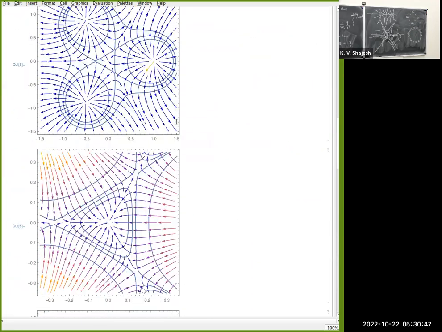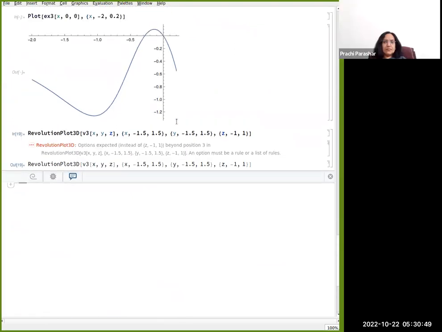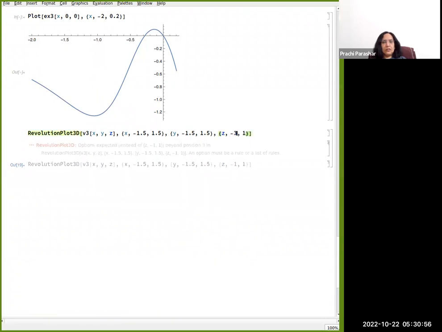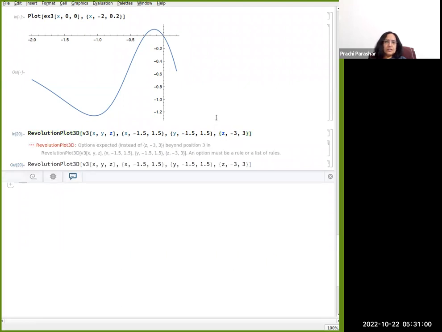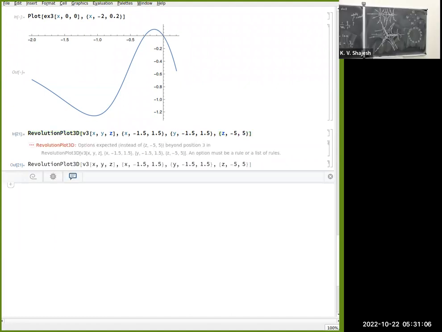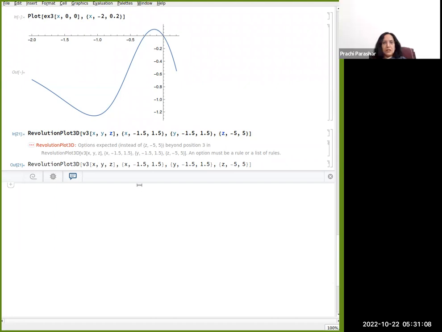I don't remember the commands for revolution 3D, that's all. You can do a question. Probably it's not 3D, it's just revolution plot, or I don't know. Yeah, you can put a question mark and ask about the parameters that go in.